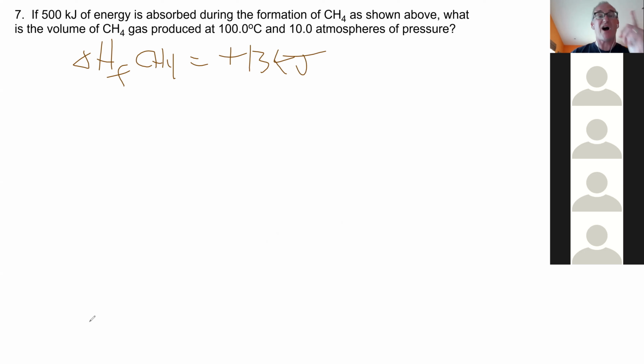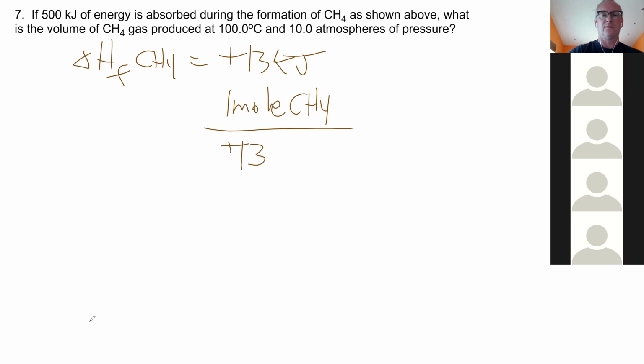So if 500 kilojoules of energy is absorbed during the formation of methane, as we did before, what's the volume of gas produced? So this turns from a thermodynamics question to a gas law question. So 1 mole of methane is equivalent to 13 kilojoules, right? This is the equivalence we're dealing with.